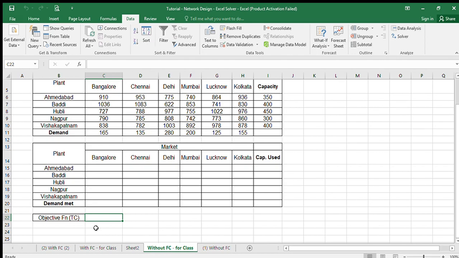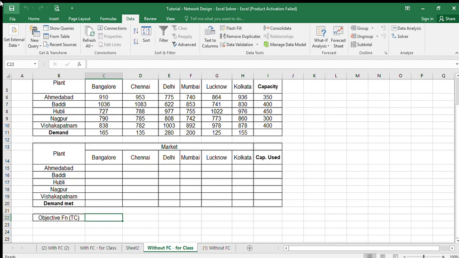The objective function value is the double summation of Cij into Xij, where Cij is the unit cost of transporting a unit item from plant i to market j, which is multiplied with the quantity shipped, Xij, which is a decision variable. Then I take the sum total of all these products.